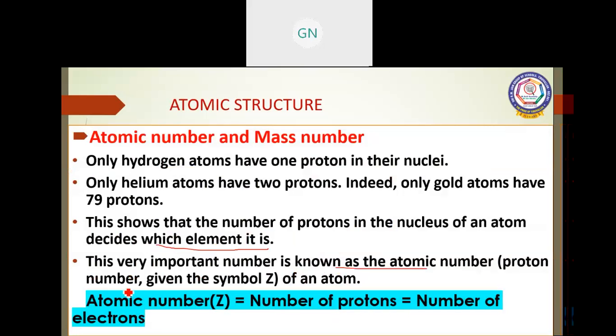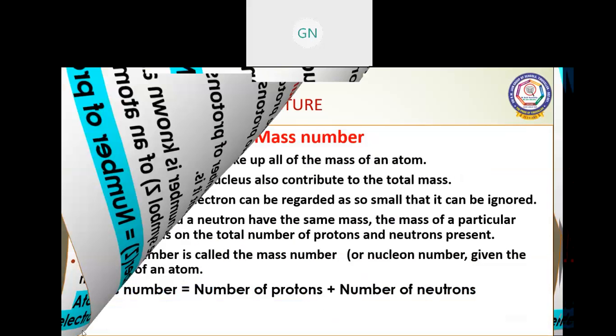It is a very important number, the atomic number. Atomic number is represented as Z, and the number of protons is equal to the number of electrons. So the atomic number is the number of protons, which is equal to the number of electrons.